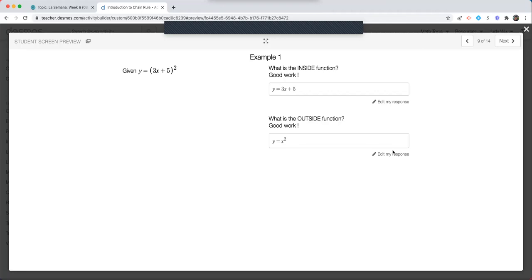Then we've got our function. So your answers for the first slide, or this one, whichever number this was for you, should have been y equals 3x plus 5 and y equals x squared. Does that make more sense than maybe when we were doing it earlier?